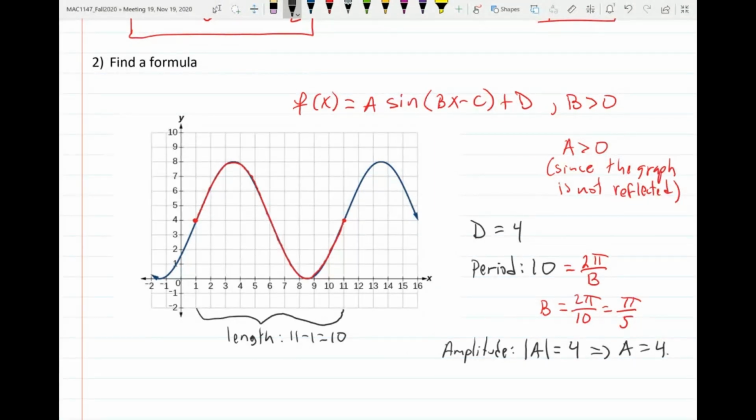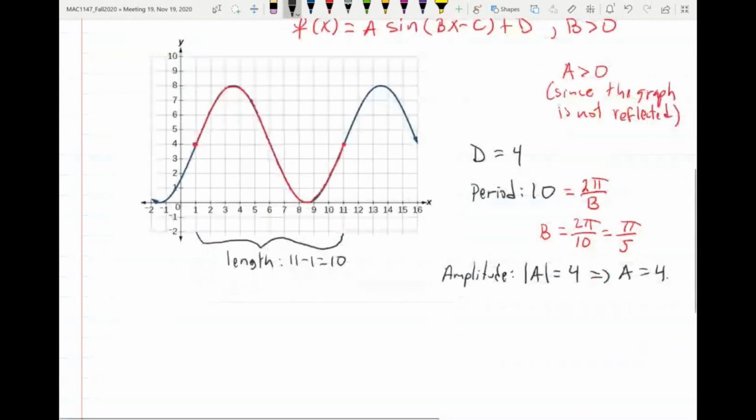Is there any phase shift in this picture? Are we shifting the graph from its original position? Remember, the sine starts on the y-axis, so we move it slightly to the right, 1 unit. Instead of beginning at x equals 0, the cycle is beginning at x equals 1.